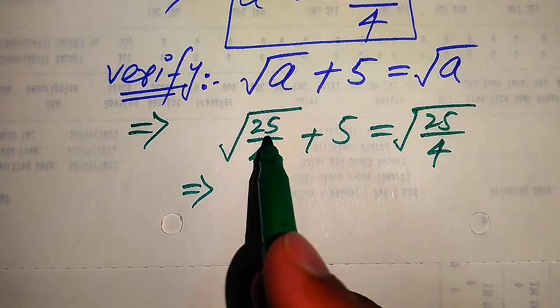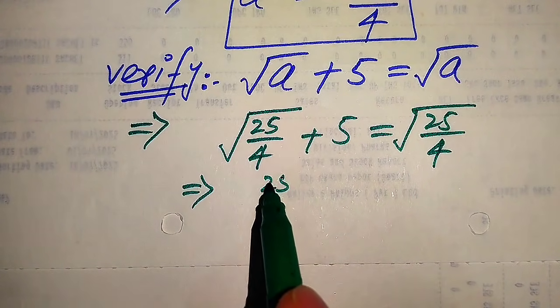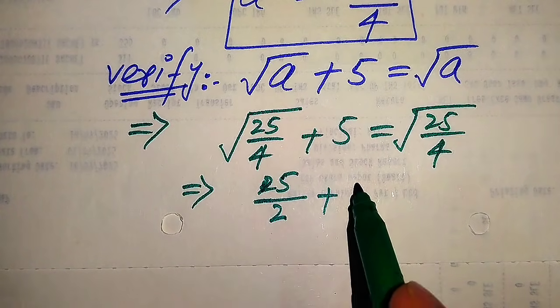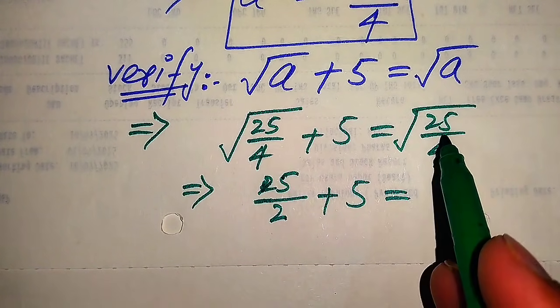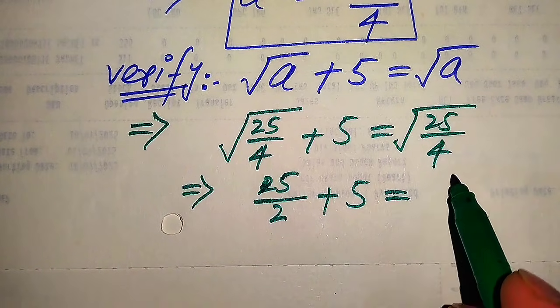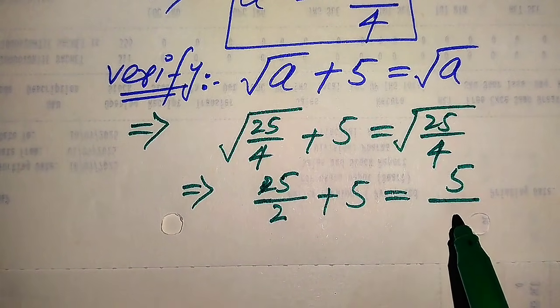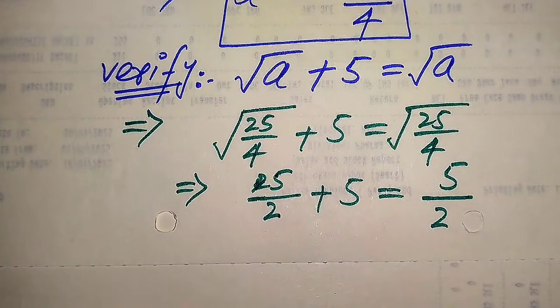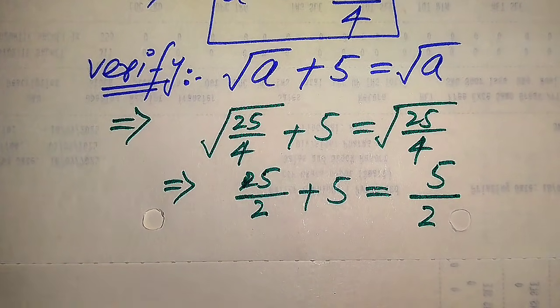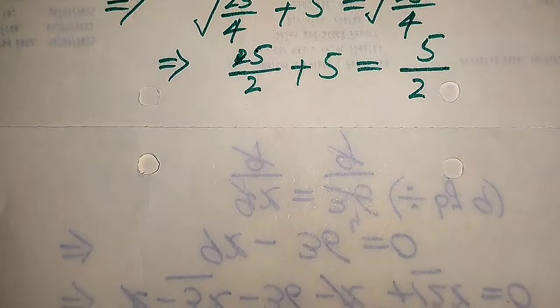Here you know that the square root of 25 becomes 5 only, and the square root of 4 becomes 2, plus 5 is equal to, similarly the square root of 25 becomes 5, and the square root of 4 becomes 2. And now in the next step we need more simplification.